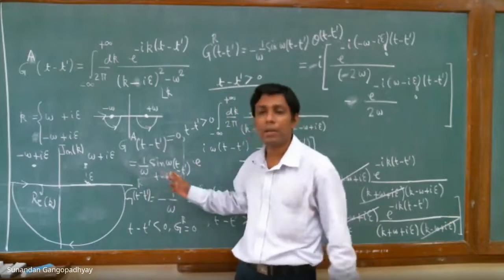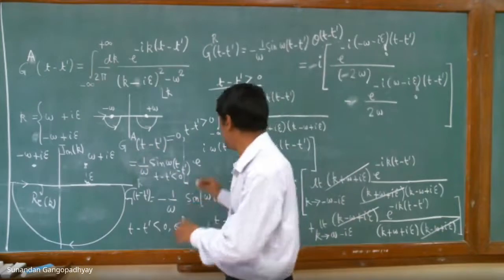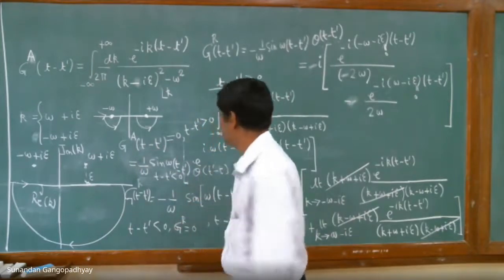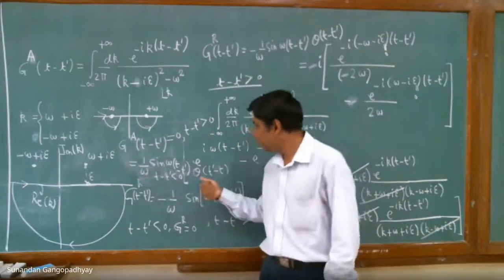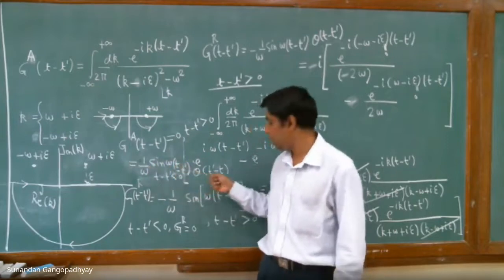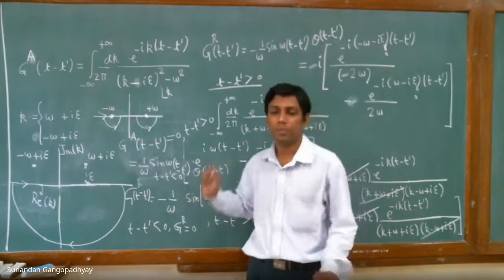And once again, you can write it as a theta function. For this advanced Green's function, you have to put a theta(t prime minus t) over here. So it tells you that this is equal to this result only when t minus t prime is less than 0, where this factor is 1. For t prime minus t less than 0, this is 0.